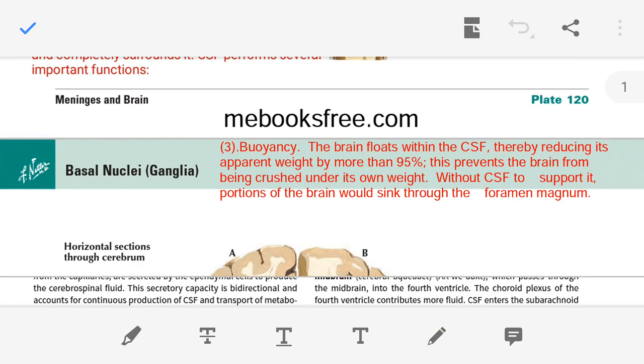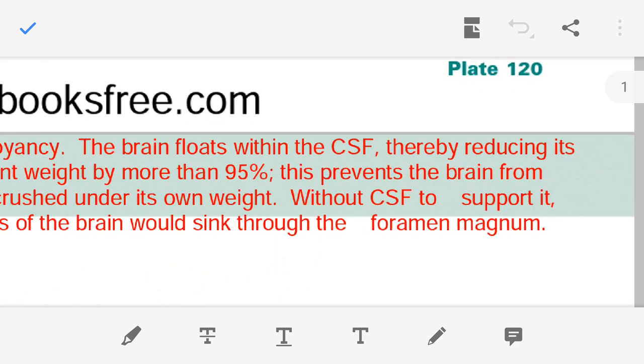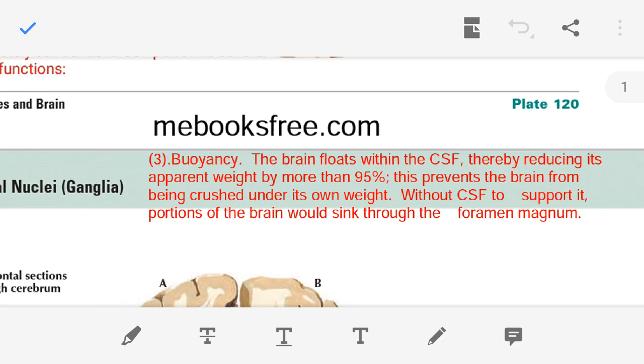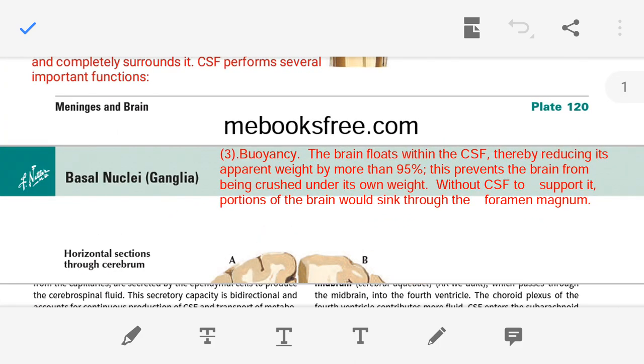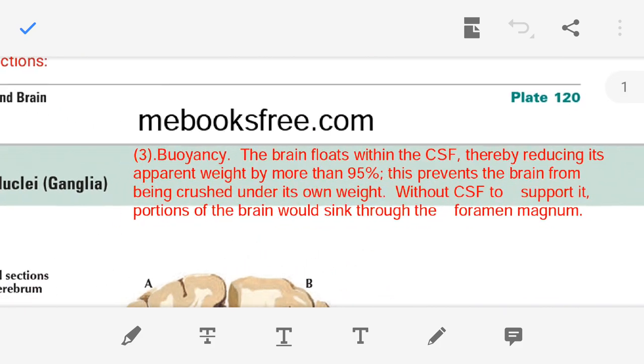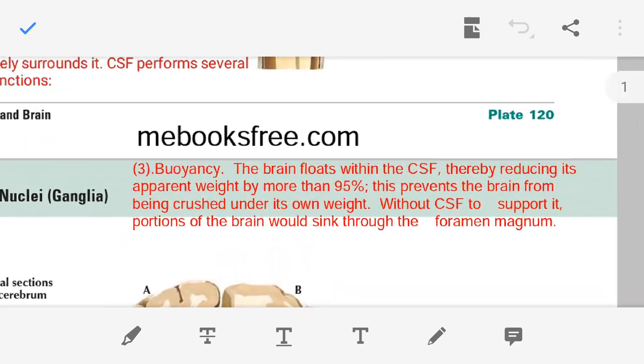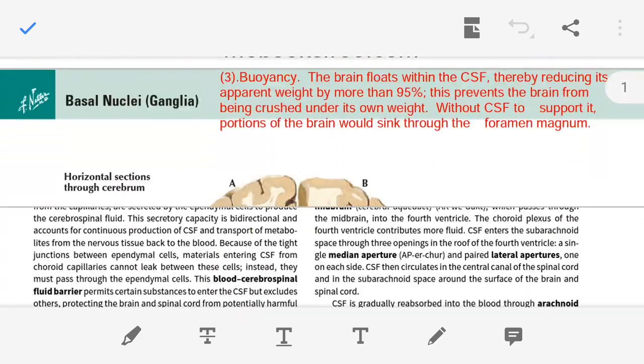Foramen magnum is the opening for the spinal cord, and it joins with the medulla oblongata. So it is possible that part of the brain can enter into this foramen magnum if CSF is absent. So this is the buoyancy function of CSF.